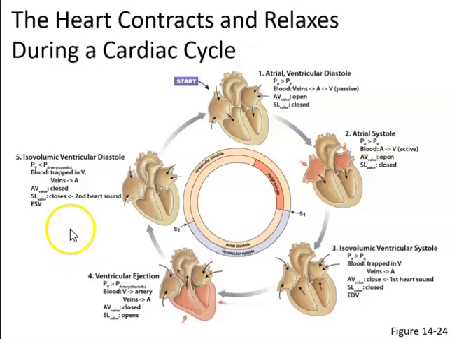So the pressure in the ventricles is decreasing to the point where it will decrease below the outlet pressure of the semilunar valves. So the semilunar valves will close and produce that second heart sound, the dub in the lub-dub.